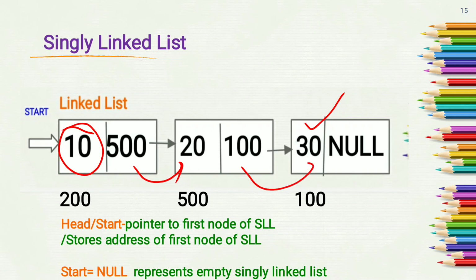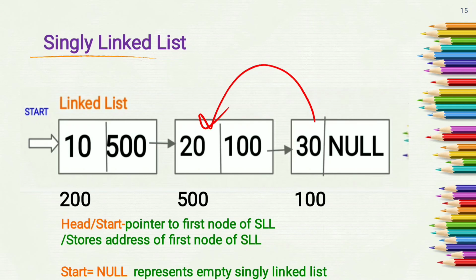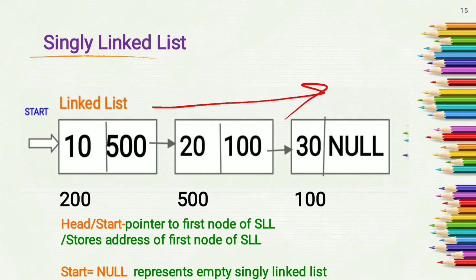From second node you will get the address of third node, that means 30. You cannot access 20 with the help of 30 or 10 with the help of 20. That means you can traverse only in forward direction, not in backward direction. So accessing of previous node from the current node is not possible in singly linked list.